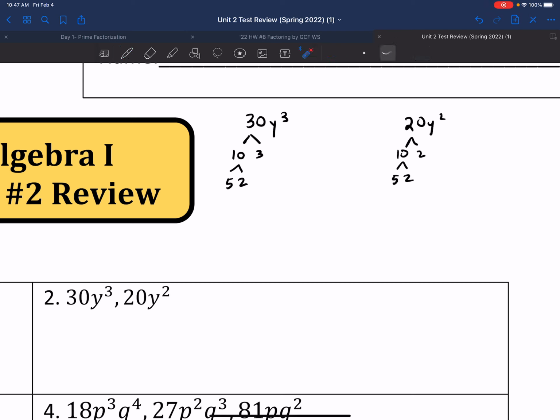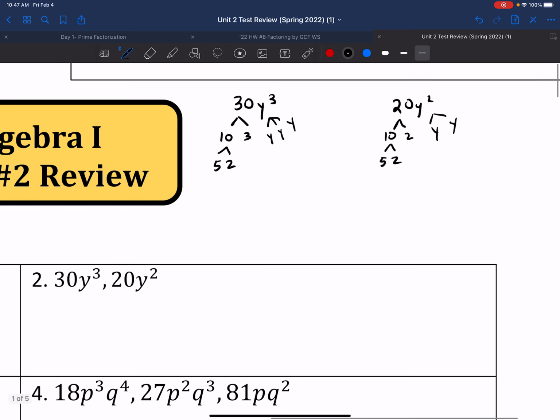I can't break down these numbers anymore, so I'll leave it for now. This y cubed is just y times y times y, and y squared is y times y. Okay, so I'm going to go ahead and list out my prime factors.